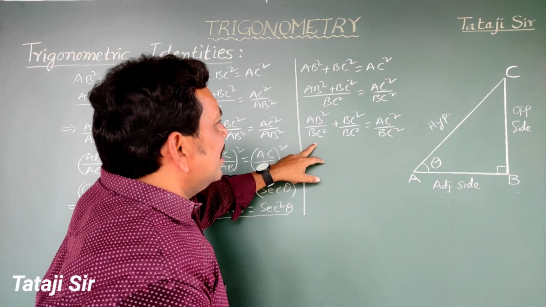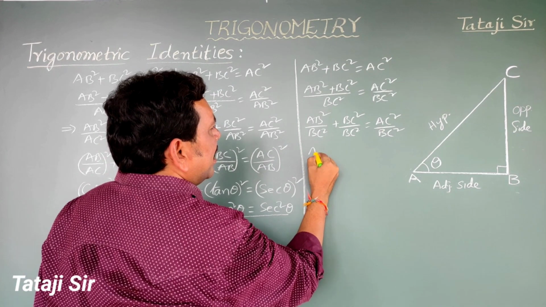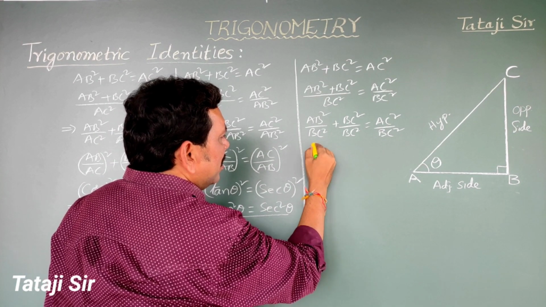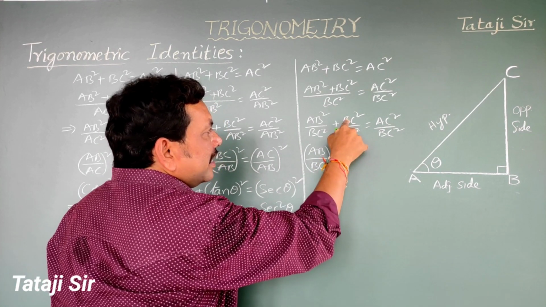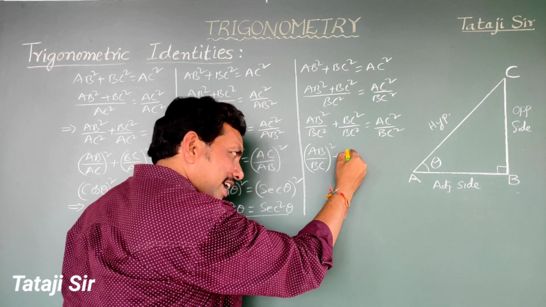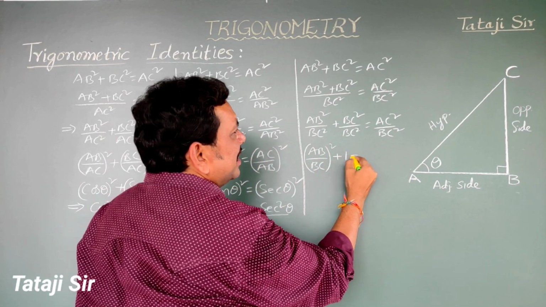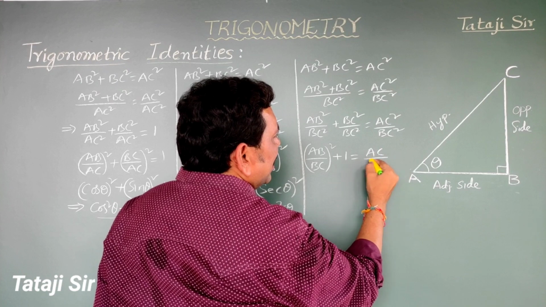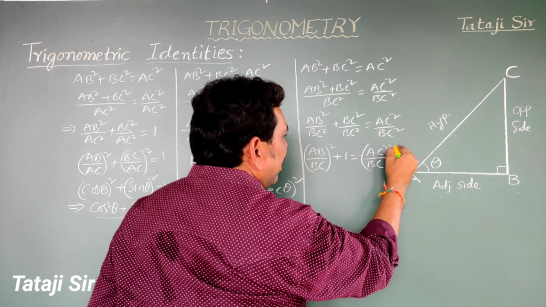Here it can also be written as AB by BC whole square plus BC square by BC square, which will be 1, is equal to AC by BC whole square.